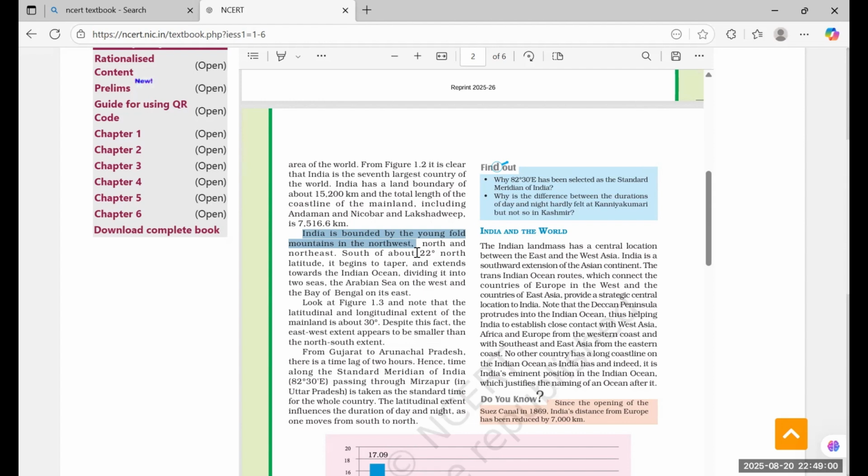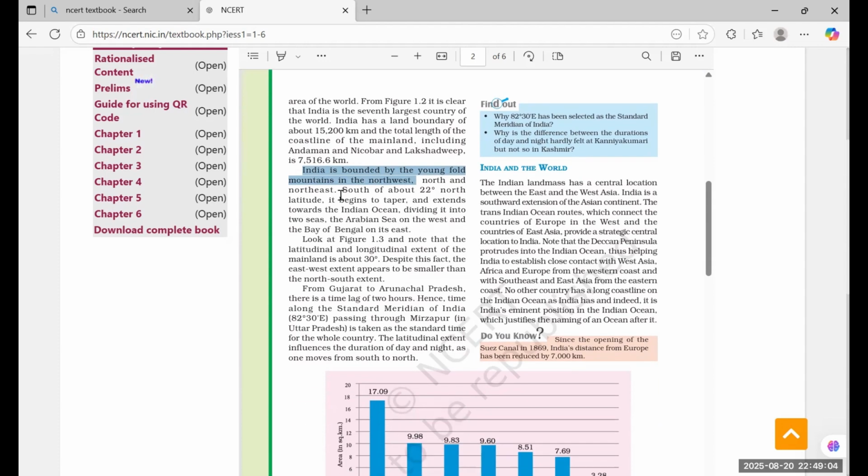So remember this thing. Now, the next thing to remember is that south of the 22 degree north latitude, it begins to taper. Now, remember what the meaning of taper is here: from 22 degrees north latitude, the shape of peninsular India is narrowing down towards the Indian Ocean.